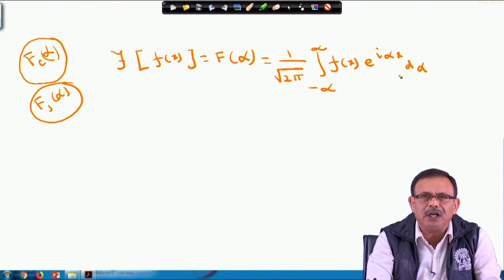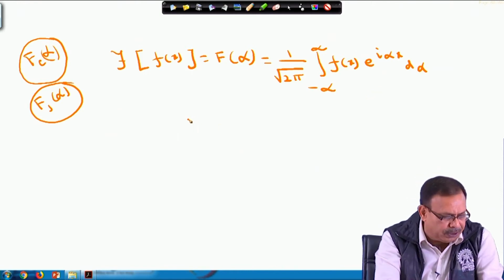So, I can take either e power I alpha x or e power minus I alpha x, and accordingly in the inverse Fourier this will change, only please note this thing. So, in most of the cases we will use e power I alpha x for the Fourier transform, and for the inverse Fourier transform we will use the kernel e power minus I alpha x.